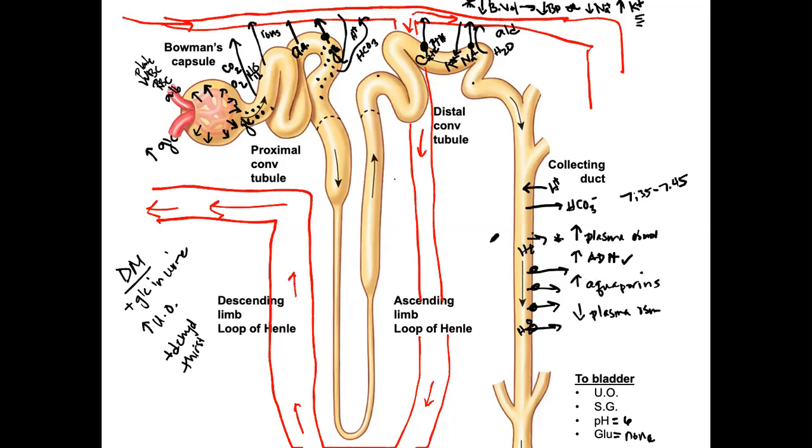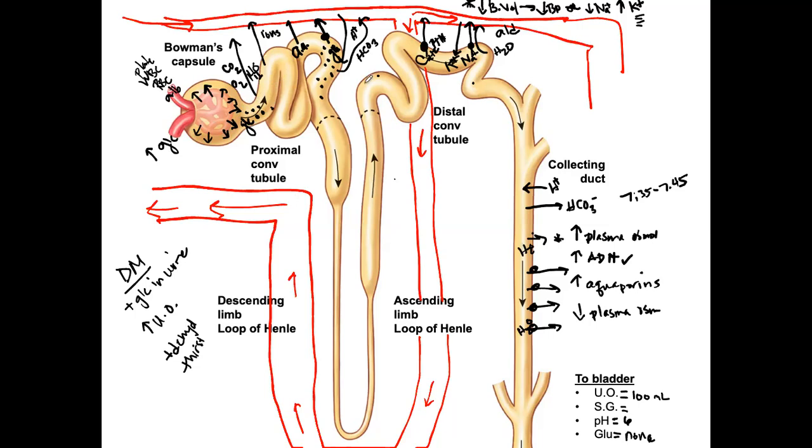Okay, so for urine output, normally urine output is about 100 mils, right? It really depends on your level of hydration. So we'll just say about 10 to 100 mils, right? Specific gravity is the particle concentration of your urine. So specific gravity is how many particles. If you go back up to the glomerulus, you're always going to be dumping out particles, right?